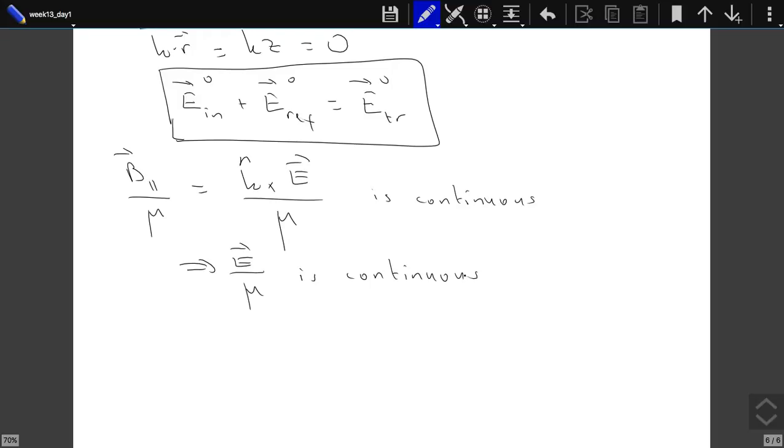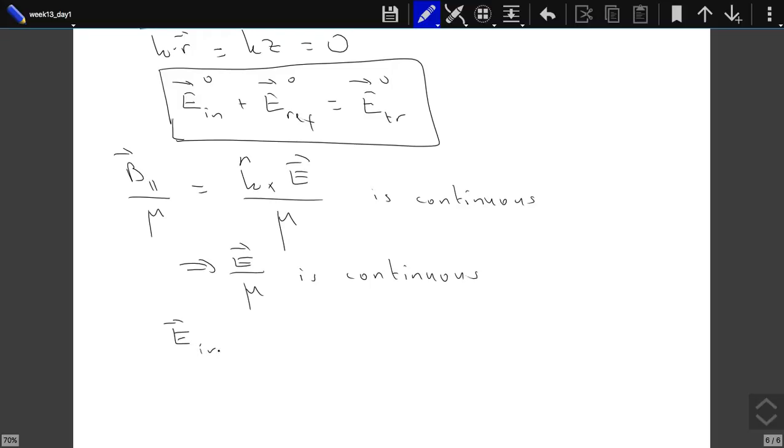No, k is not. That's k hat. k hat is nothing but the z axis, z hat. So let's see.